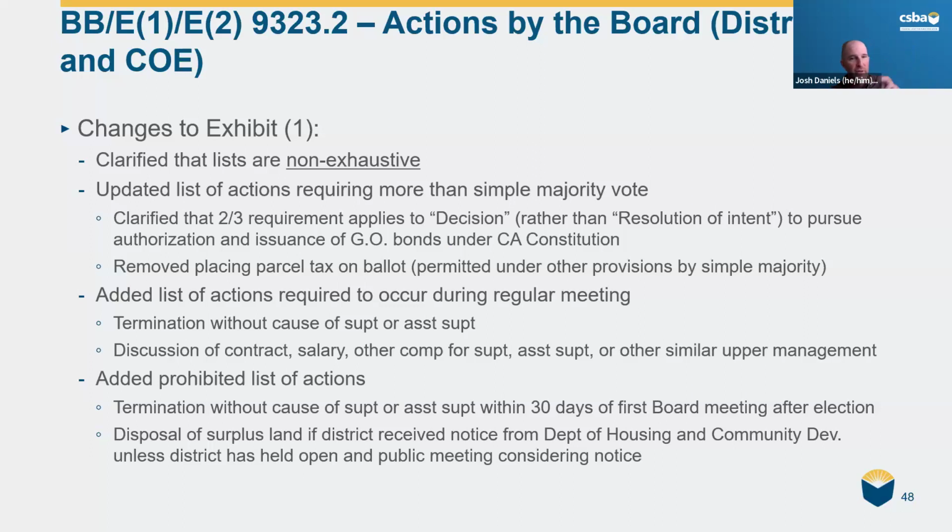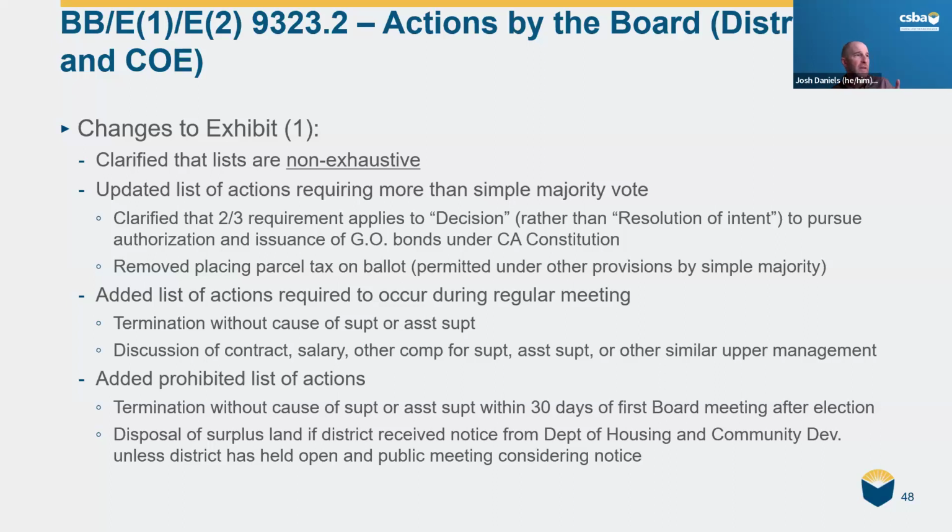And then we added a few other lists, but those actions are not intended to be exclusive. So there may be actions that require two-thirds that are not in the list. We do our best to capture them, but we've not memorized the Ed Code or the Government Code, so we want to re-emphasize: don't take this list as exhaustive.